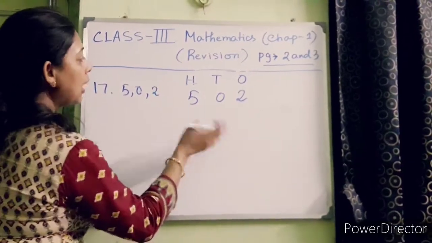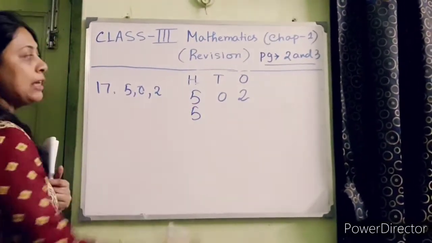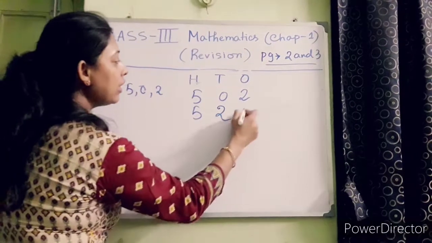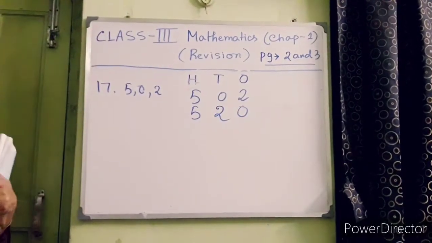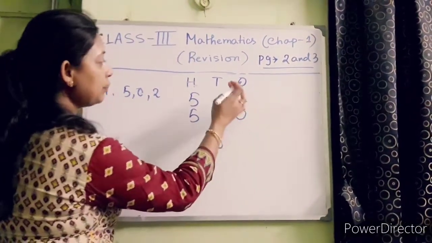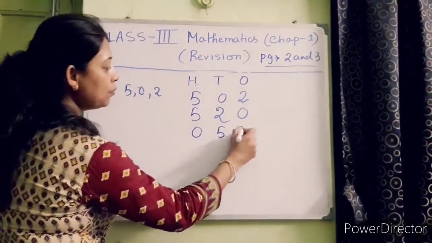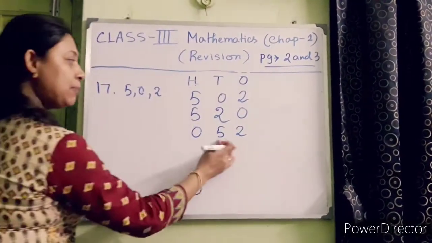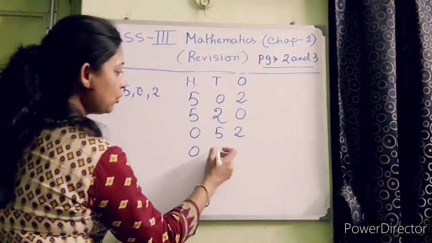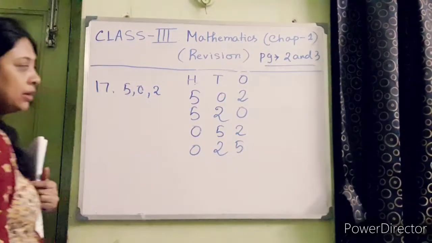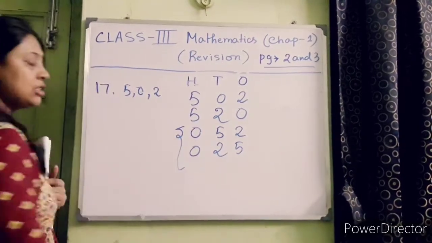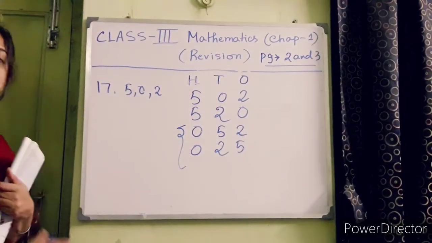After that you interchange the places of 0 and 2: 520. Now you put the digit 0 in the hundreds place: 0, 5, 2. Now you change the places of 5 and 2: 0, 2, 5.